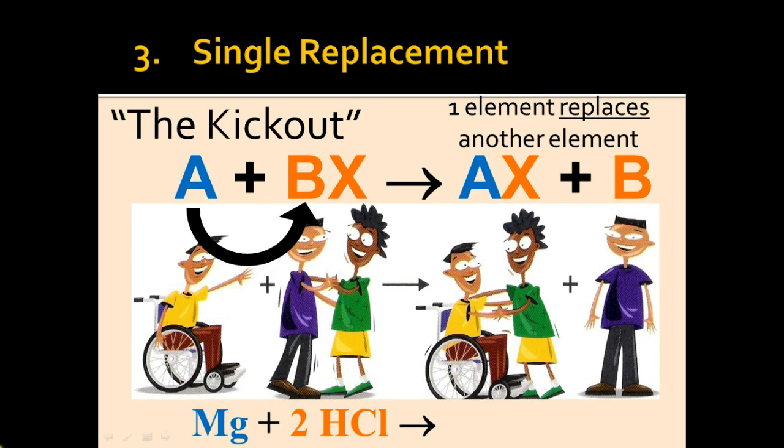So we have Mg here, magnesium, and then 2 hydrochloric acid, HCl. This magnesium pretty much goes and kicks out this H, and it forms MgCl2 plus H2. So in single replacement, remember, one element kicks out another.